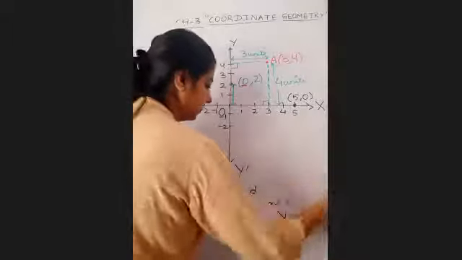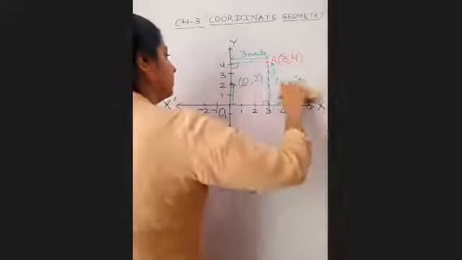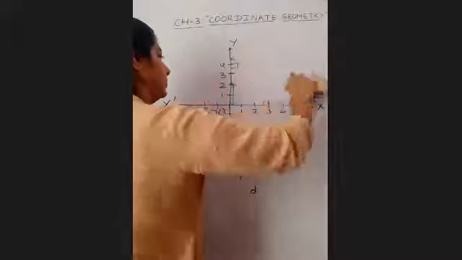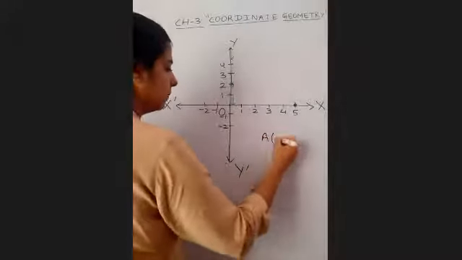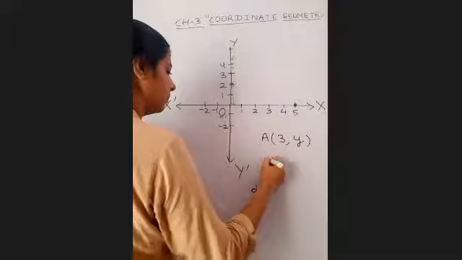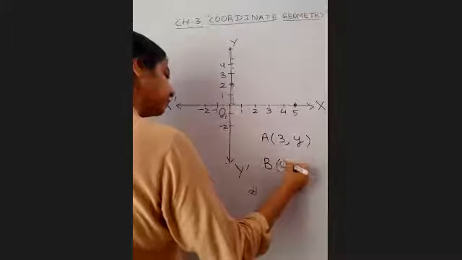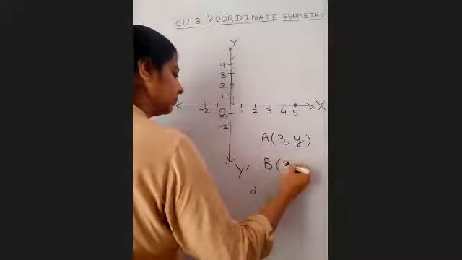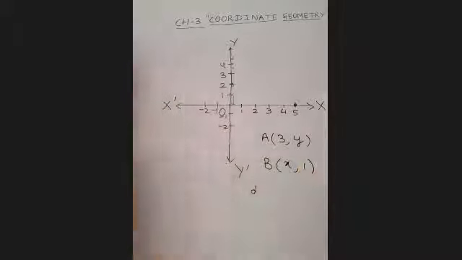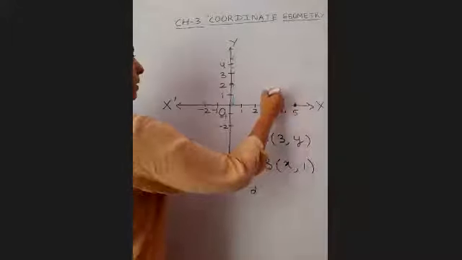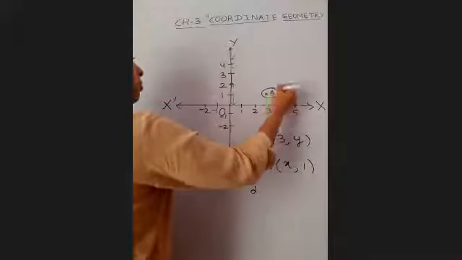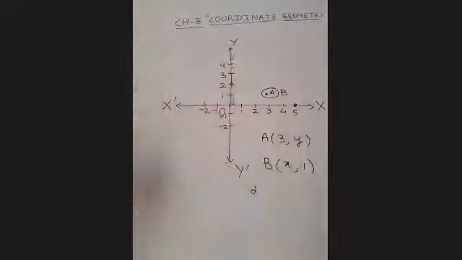One more thing I want to tell you, children. Suppose there are 2 points. ठीक है? And I am saying this is A, and this point only is B. A भी यही है, B भी यही है.